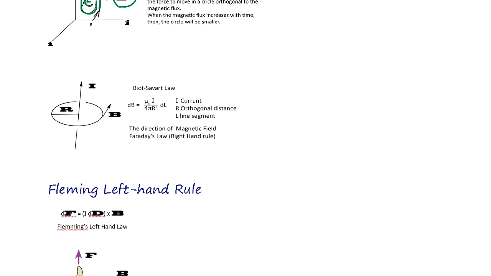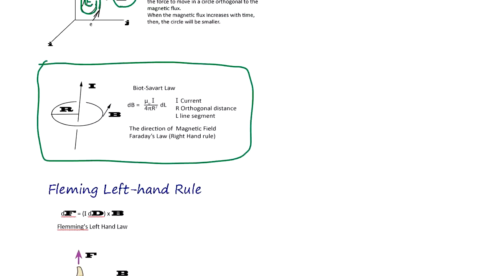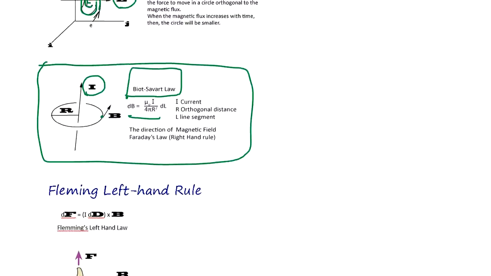And now, I already said that from the equation above we get the Biot-Savart Law. This is very useful because you can calculate from current to magnetic field, and this equation comes from here.